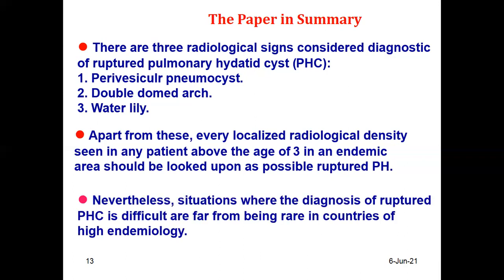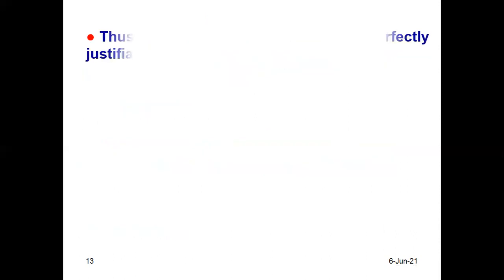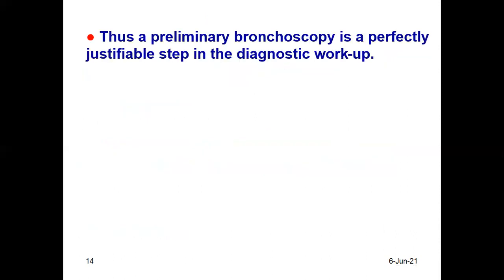Nevertheless, situations where the diagnosis of ruptured pulmonary hydatid cyst is difficult are far from being rare in countries of high endemicity. Thus, a preliminary bronchoscopy is a perfectly justifiable step in the diagnostic workup.